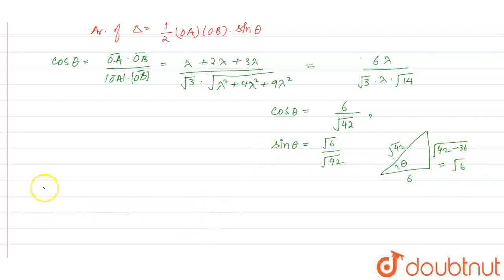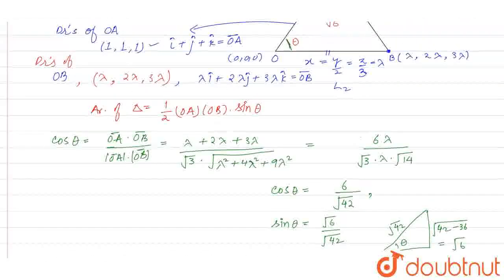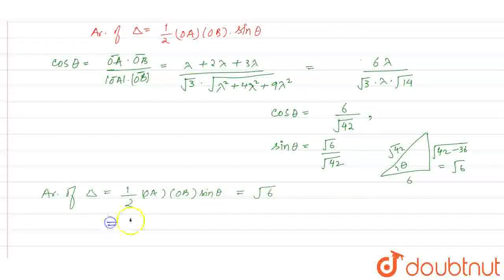Now the area of the triangle is 1/2 OA times OB times sine of theta, which is given as √6. The length OA is √3. The length of OB is basically lambda √14.